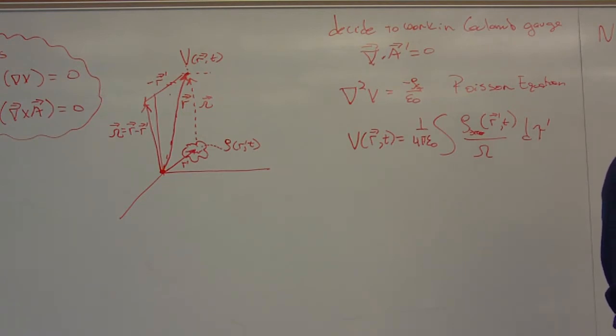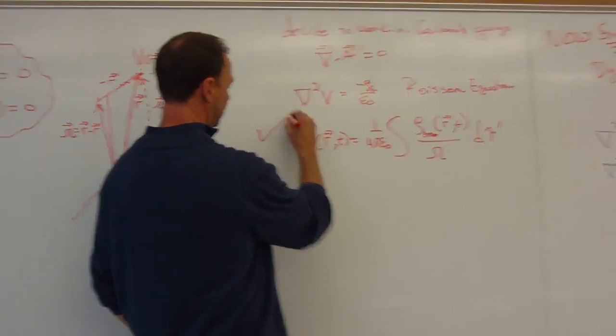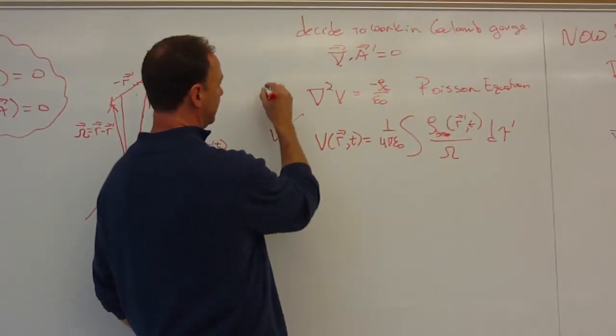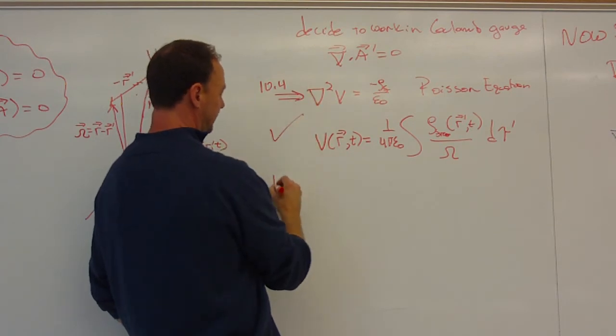The disadvantage is you still need A. So this is easy, from 10.4, and now we have 10.5.